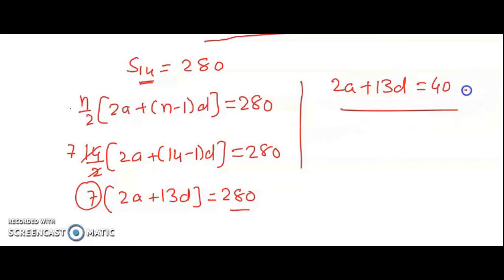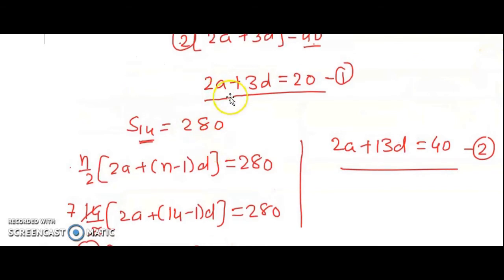So we get equation number 2. Equation 1 is 2a plus 3d equal to 20, and equation 2 is 2a plus 13d equal to 40. If we solve these two equations, we get the values of a and d.